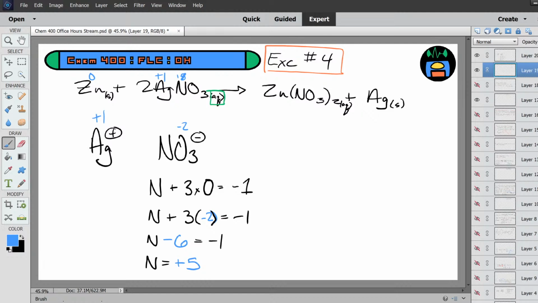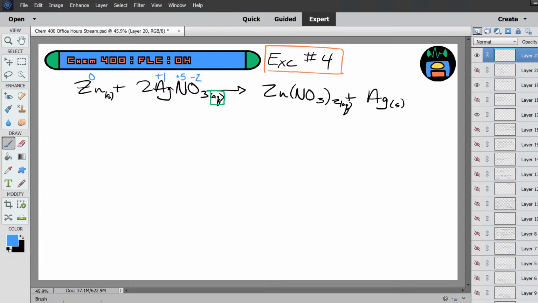All right, now let's move to the product side. Again, we are dealing with an aqueous ionic compound, which means that our cation and anion are separated. Nitrate we've already looked at.